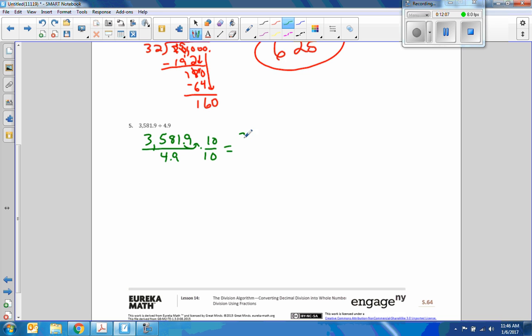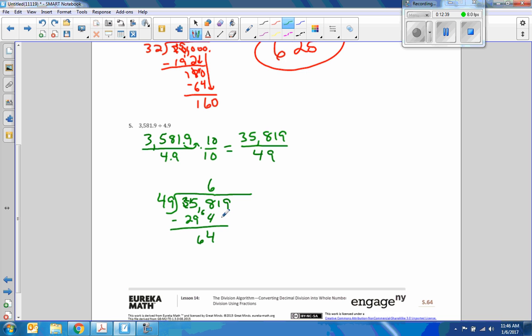So it's going to be 35,819 over 49. So I'm going to use a division algorithm to solve and get the quotient. 49 will not go into 35. 49 will go into 358 6 times. 9 times 6 is 54. 6 times 4 is 24, plus 5 is 29. Subtract, and I get 64.